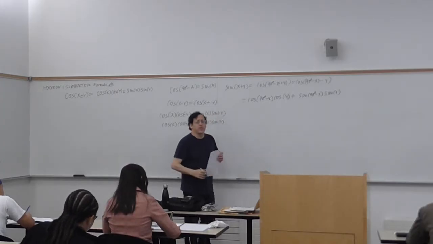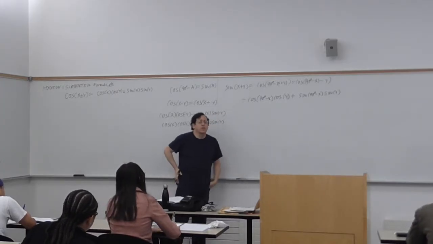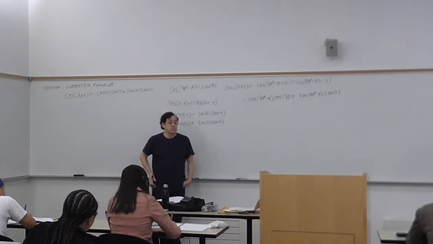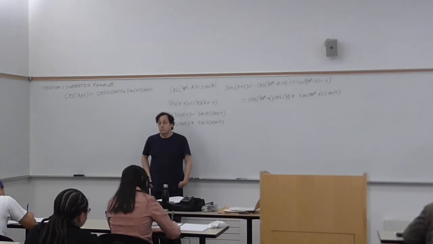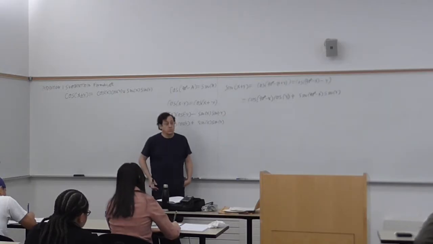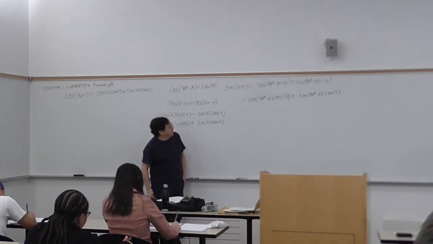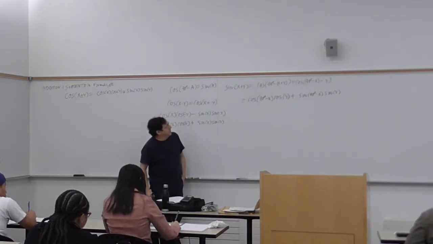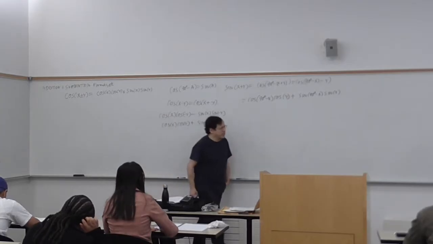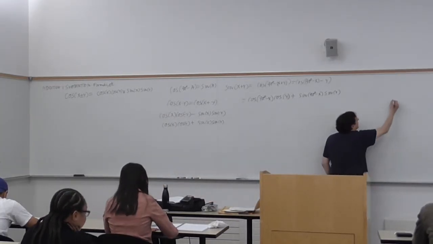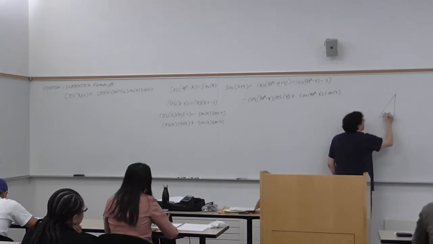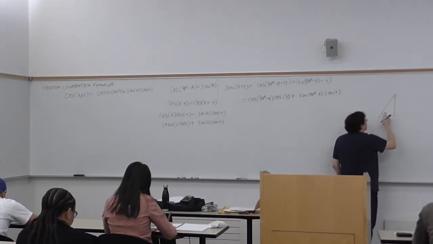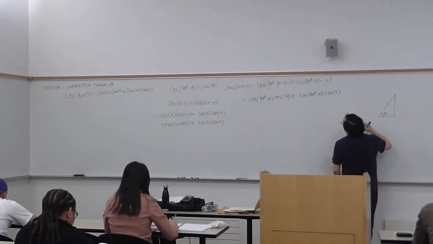The cosine of 90 minus x. What's the cosine of 90 minus x? I see they're already useful, but they haven't seeped in yet. And if I have a right triangle, and I have theta here, so which one am I going for?